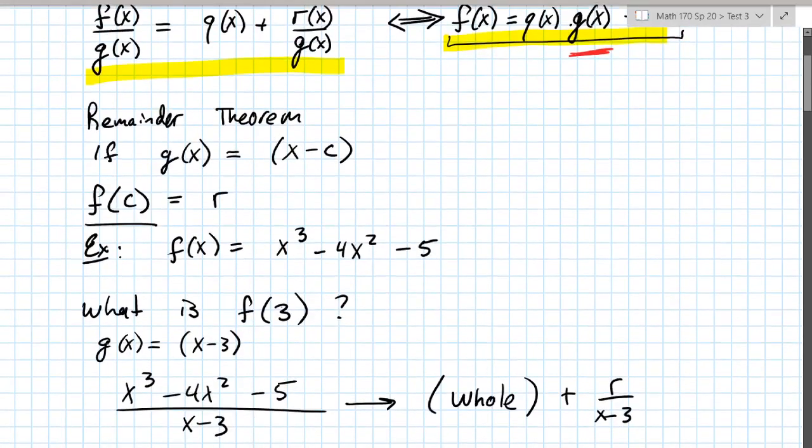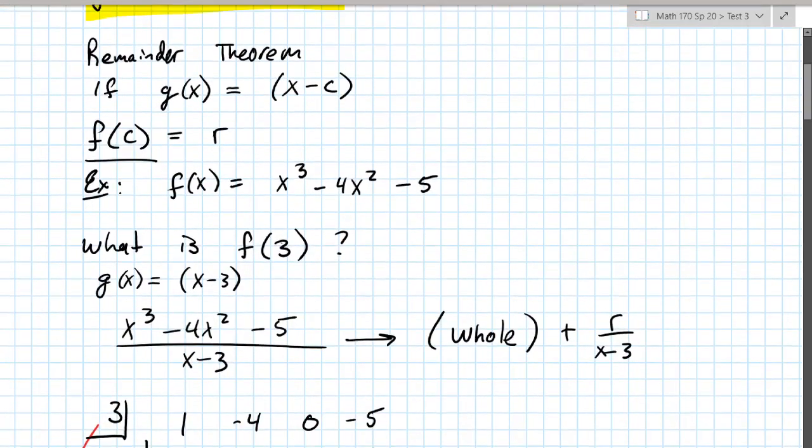So what does that look like practically? Here's our f of x, and here's the question: what is f of 3? We could do what we did before and substitute 3 in everywhere that we see x, do our order of operations and simplify, but we would like to use the remainder theorem.